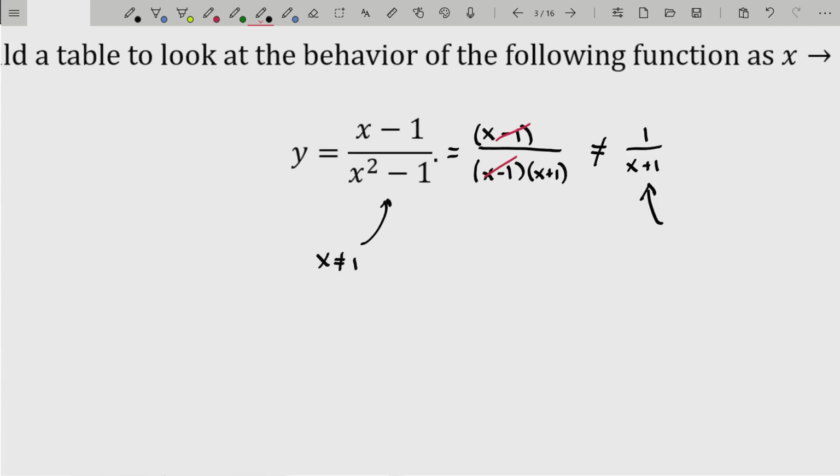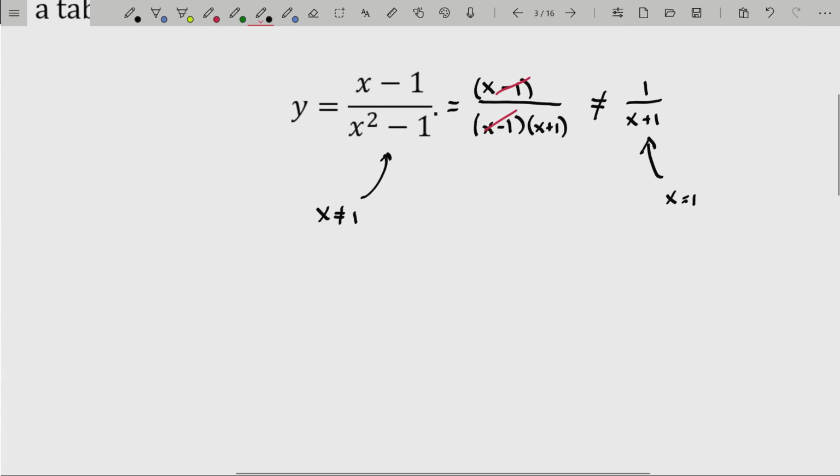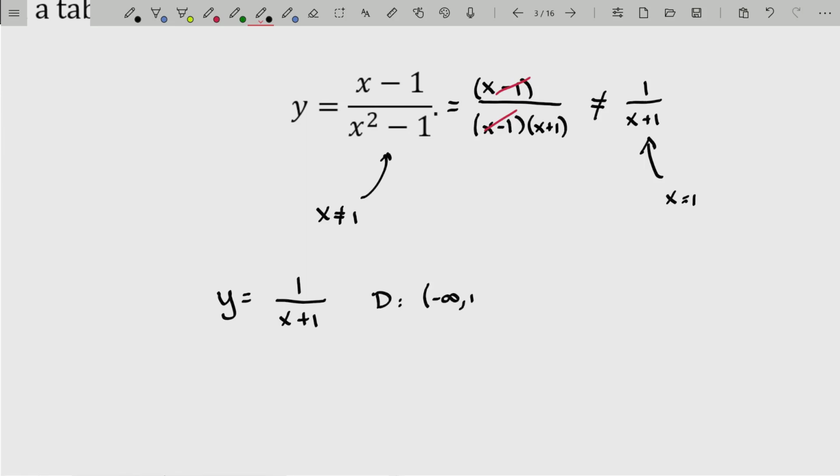So x cannot be 1 here. And here, it looks as though x could be 1. And so these are not the same functions. The way you can make the distinction to somebody is you can say, hey, you know what I have? I have this function, and it's equal to 1 over x plus 1. But its domain is negative infinity to 1 union 1 to infinity.